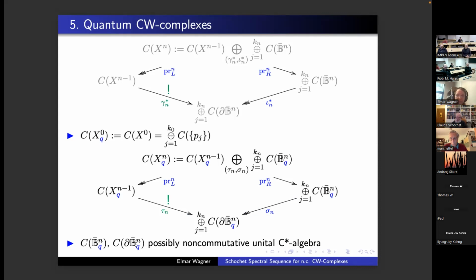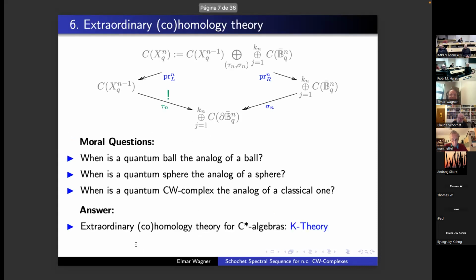And here you mean possibly non-commutative, but surely unital. Yeah, okay. Unitality, okay. So yeah, the concept is clear.